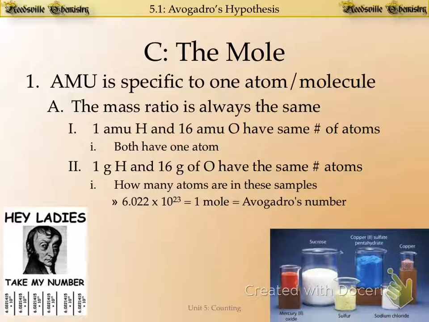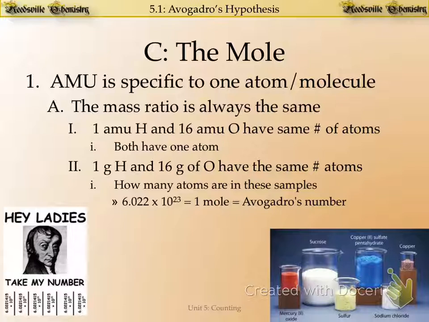This is known as Avogadro's number. Every single one of those average atomic mass units that you see on the periodic table, you can think about the units of those numbers in AMUs and also in grams. But if you think about them in AMUs, then you're talking about single atoms. If you're talking about grams, you're talking about a whole mole of atoms.